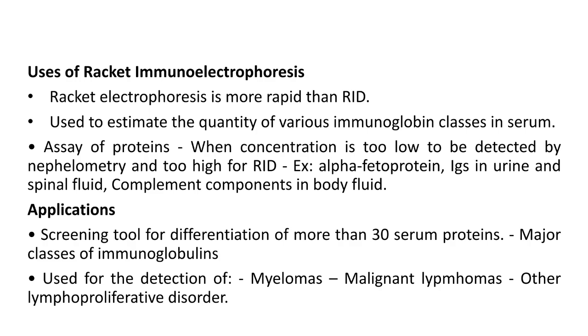And the uses of rocket immunoelectrophoresis are: it is more rapid than radial immunodiffusion, and it is used to estimate the quantity of various immunoglobulins in the serum, whereas radial immunodiffusion can only identify qualitatively. It is also used for assay of proteins when the concentration is too low to be detected by nephelometry and too high for radioimmunodiffusion techniques, for example alpha-fetoproteins, immunoglobulins in the urine and spinal fluid, and complement components in body fluids.